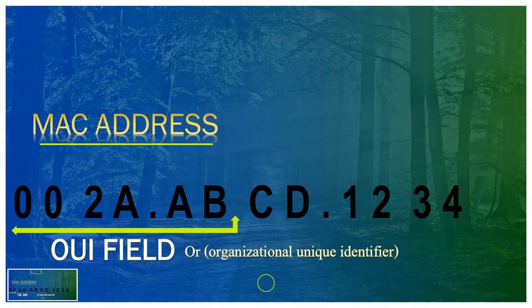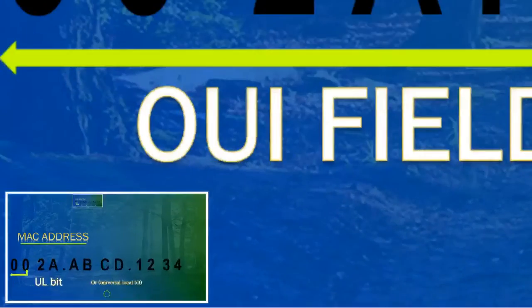For each vendor, for example, Cisco, Microsoft, Dell, each one of these vendors is assigned several OUIs, and this OUI cannot be changed. The last 24 bits of the MAC address, the vendor can do whatever they want to do with them.